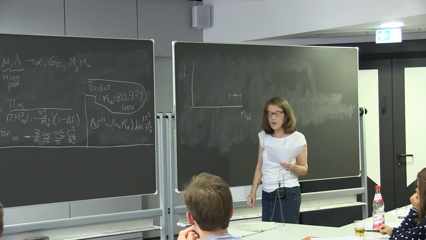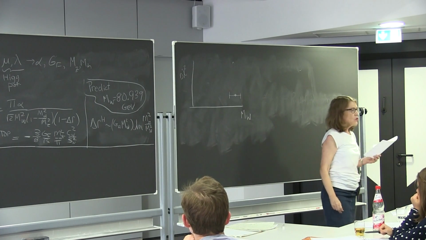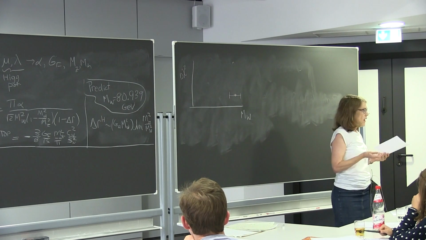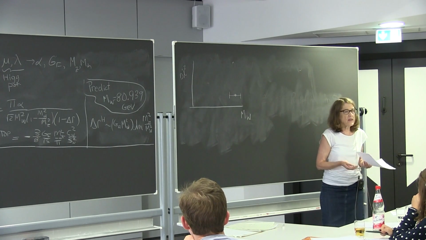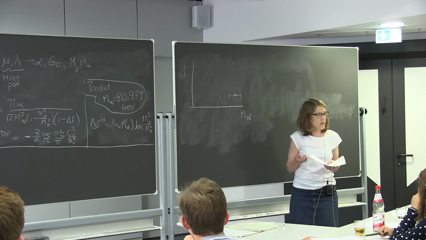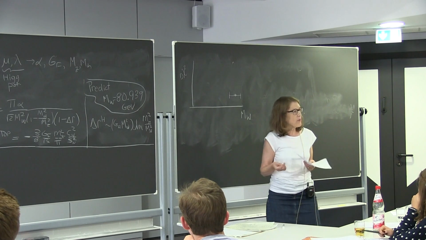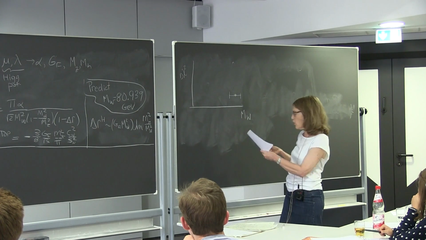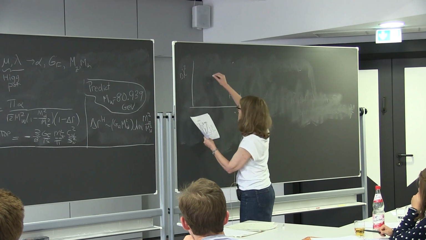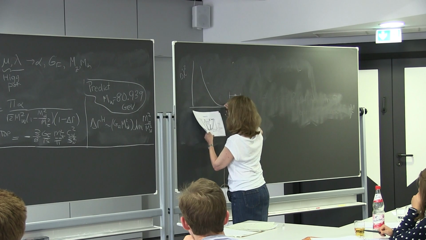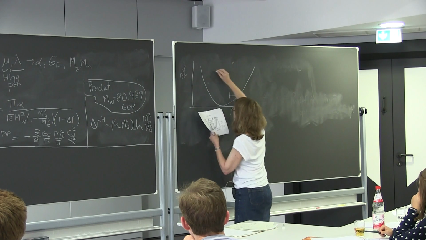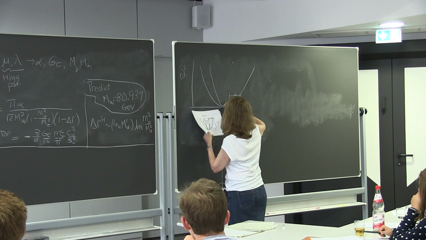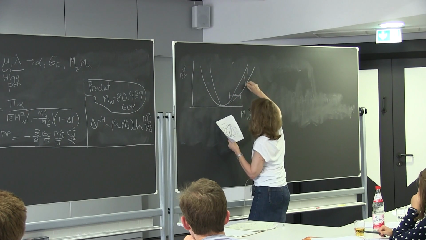So the first thing people do is a global fit to all the data that we have except for MW. All of the precision measurements at LEP, precision couplings of the electron to the Z, all the data we have, they do a global fit. And you get a chi-squared fit that looks kind of like this.